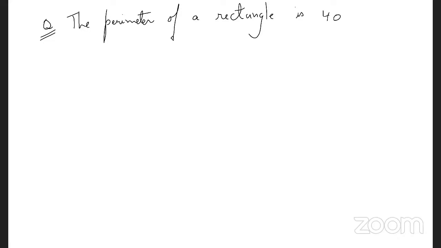The perimeter of a rectangle is 40 centimeter and length is 15 centimeter. Find the breadth of the rectangle.